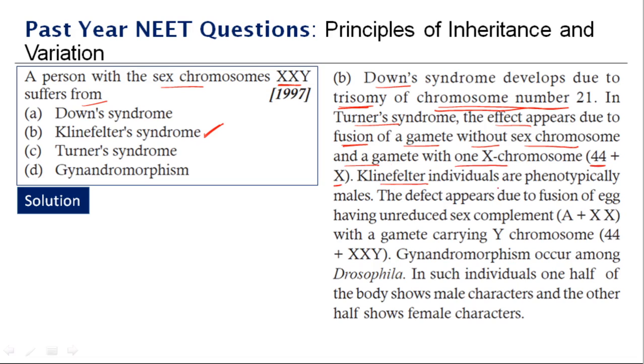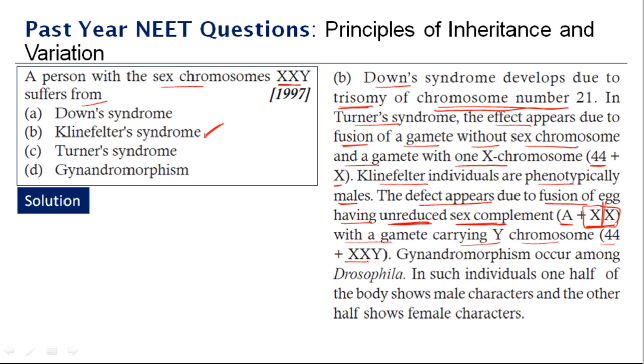And in Klinefelter syndrome, individuals are phenotypically males. The defect appears due to fusion of an egg having unreduced sex complement, which is autosome plus XX. In a normal situation, it will be autosome and only one X, but in Klinefelter syndrome there are two X. The gametes did not separate during meiosis, and fuse with a gamete carrying the Y chromosome from the male.